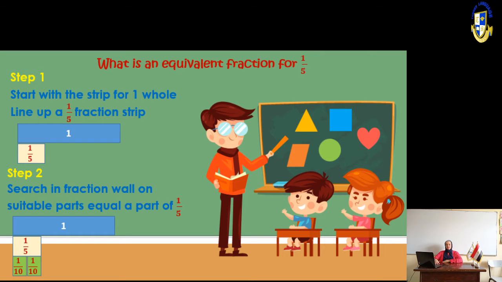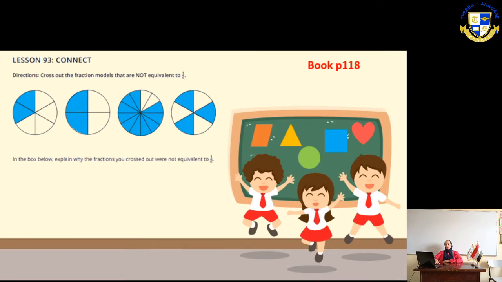Okay, on the next page, book page 118. Cross out the fraction models that are not equivalent to half. Here we have 4 circles. We are going to cross out the circle that is not equal to half. Okay, the first one is 2 shaded parts from 6, so it is not half, because half means the shaded part must be equal to the unshaded part.